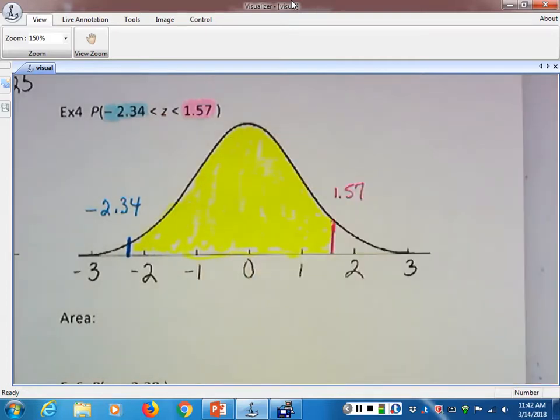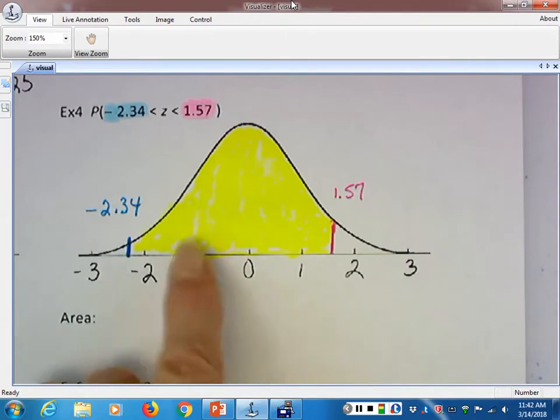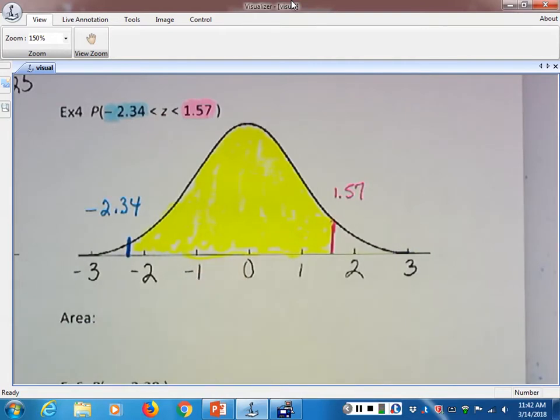And we see that that's actually a pretty large area. So if we were to get an answer like 0.05 or 0.07 or even 0.5, we would probably be a little suspicious of that, because this area is almost all of the area under the curve. So it really should be a lot closer to 1 than it would be to even 0.5.